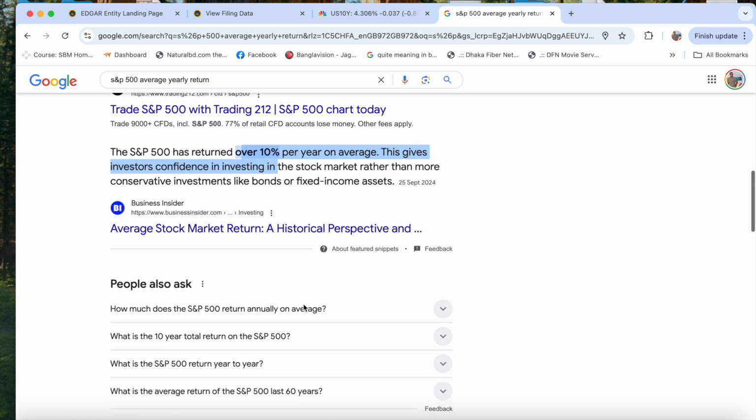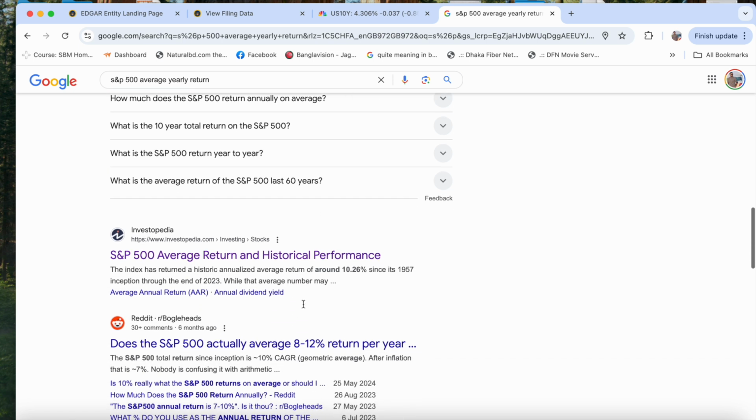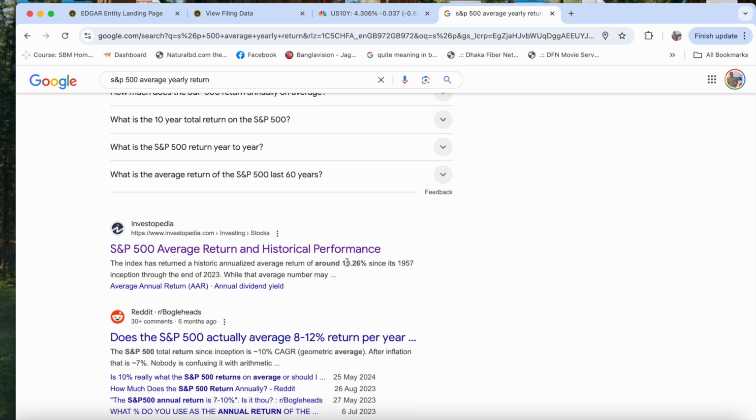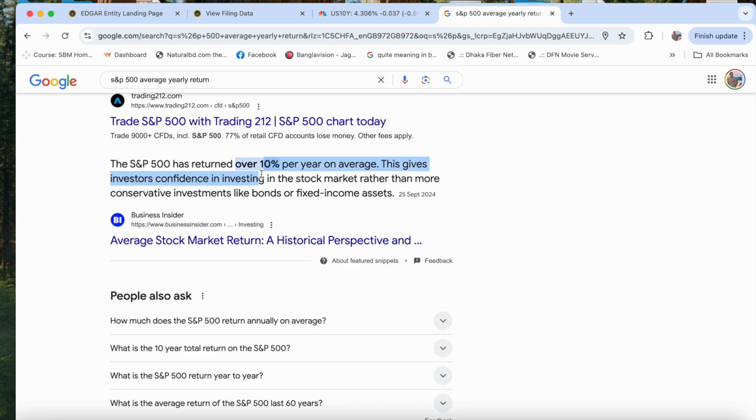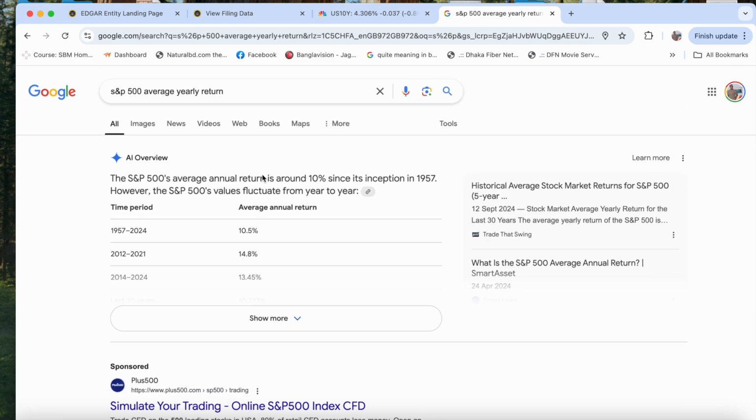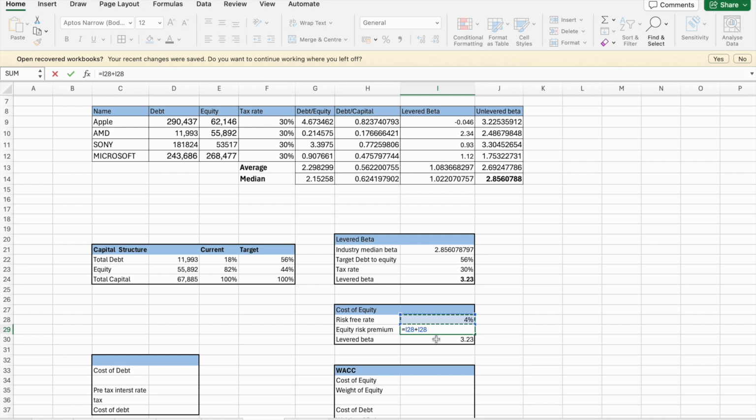Investor confidence in investing, okay, 10.28% here. So we can take 10% as the return of the market, and we simply deduct the risk-free rate of US Treasury to get the excess return of the market on top of the risk-free rate, and then we simply multiply with the beta, the levered one of the median, to get the actual expected return.